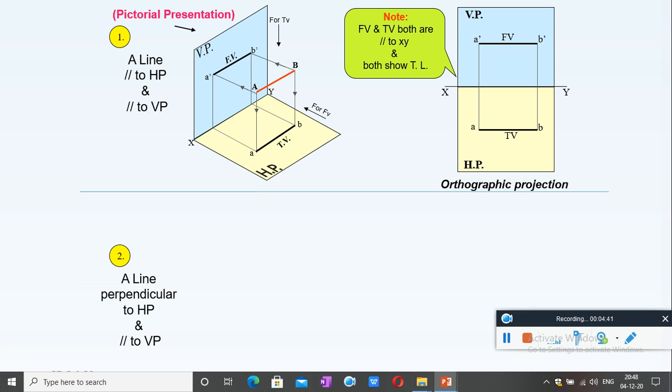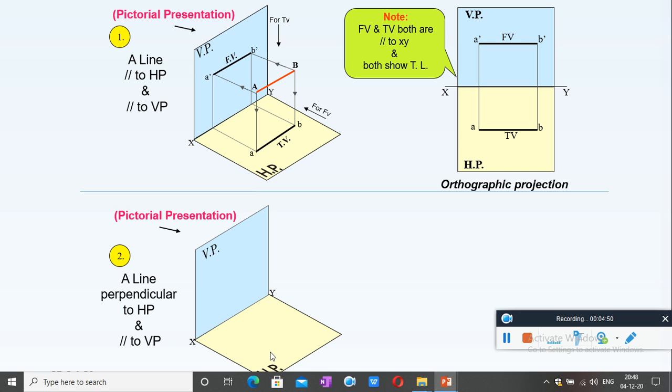Next case: a line perpendicular to HP and parallel to VP. This is the vertical plane and horizontal plane. A line AB is perpendicular to HP and parallel to VP, or a vertical line. Its front view will be A dash marked here and B dash marked here.